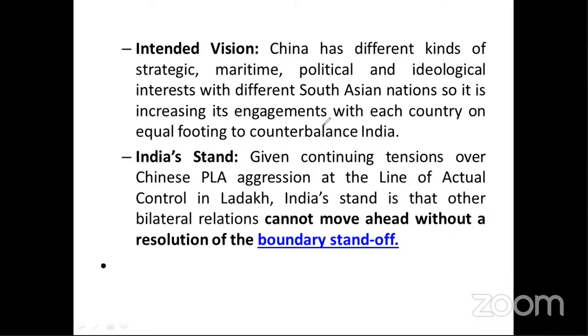So China wants to make good relations with these countries, because when we talk about India's foreign policy, the first important thing is neighborhood first. It means we have to make good relations with our neighboring countries. Like we have a good relation with Nepal, we should make good relations with Myanmar, Bhutan, and Bangladesh, so that we are able to protect our country from external threats from countries which are very far.